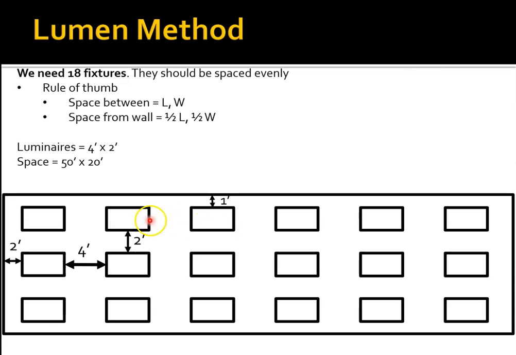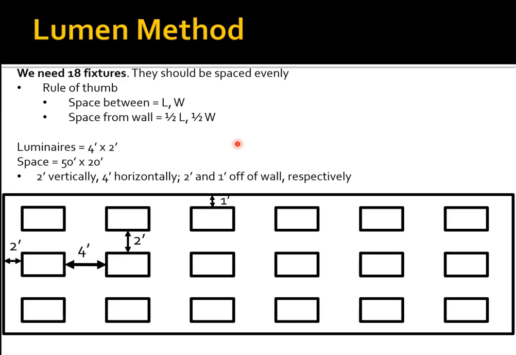4 feet wide and 4 feet between luminaires. 4 feet long, so 4 feet between. 2 feet wide, and we want 2 feet between the luminaires, and then we want half of that next to the wall. Okay, so that's a pretty perfect arrangement, right? So that is going to be our design for this example.